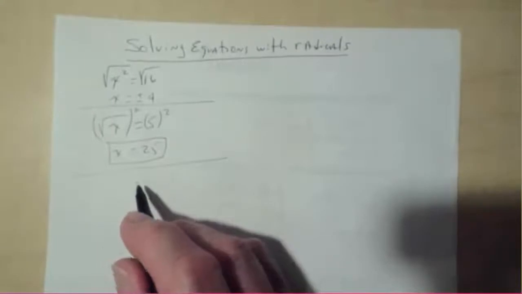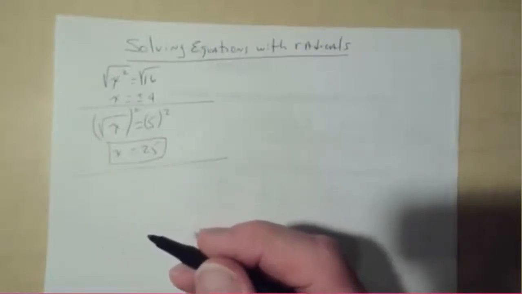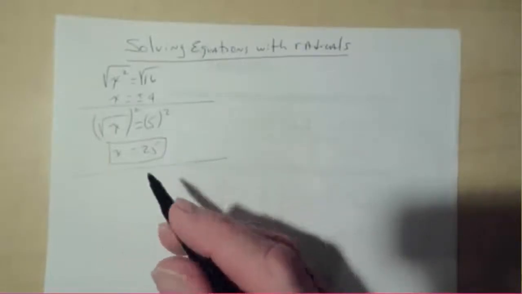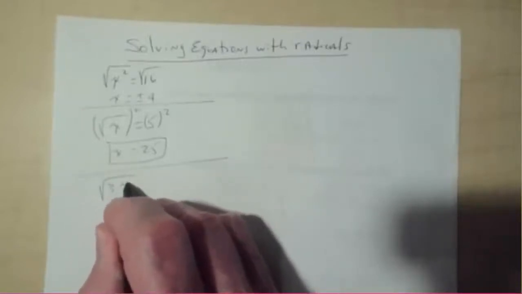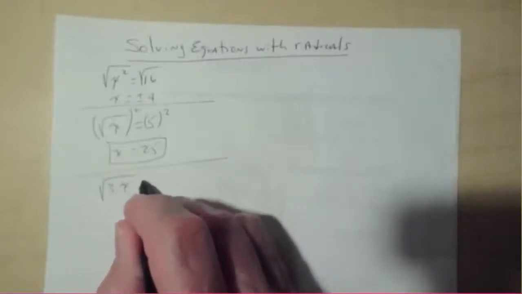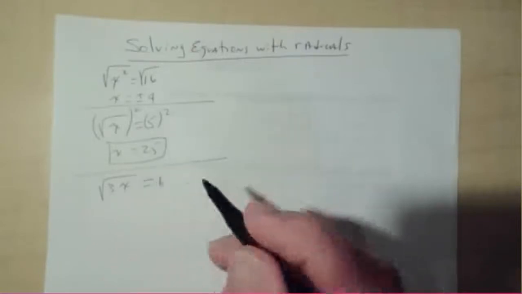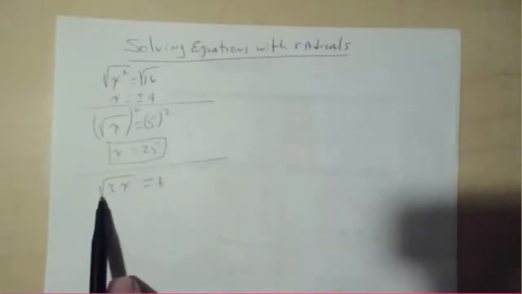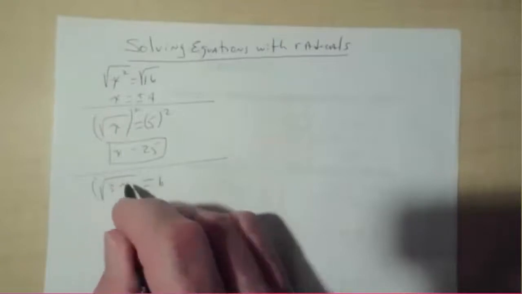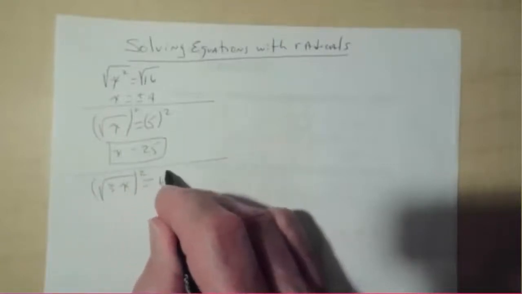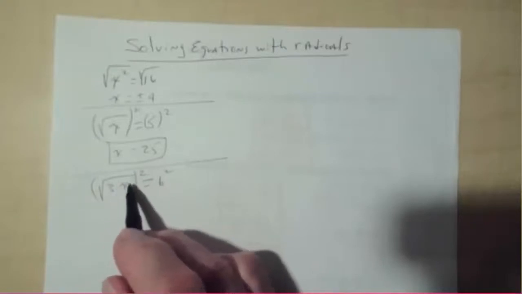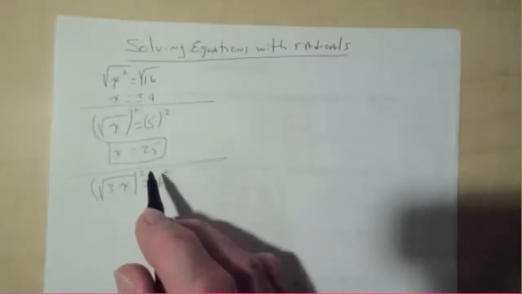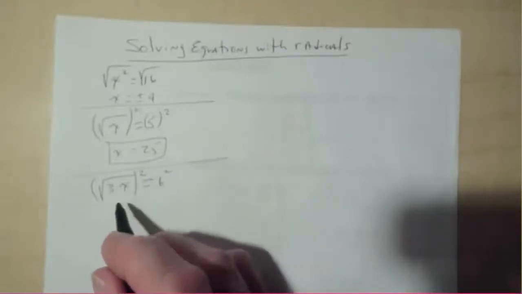And if we have the square root of 3x equals 6, again, how do we get rid of the radical? We square it. Remember, whenever you multiply the same number times itself, the radical just goes away.